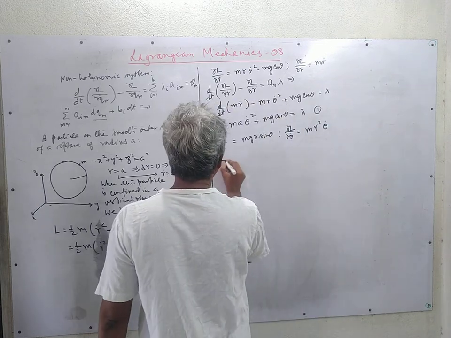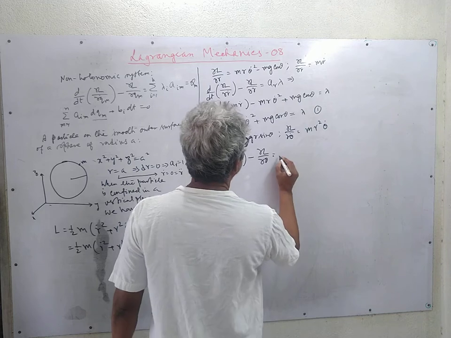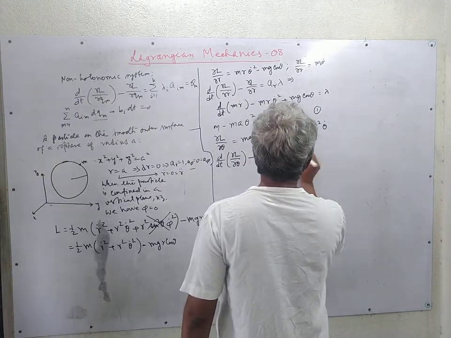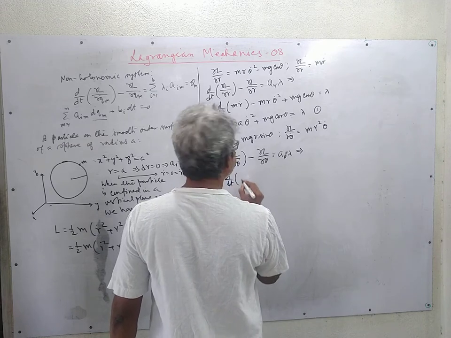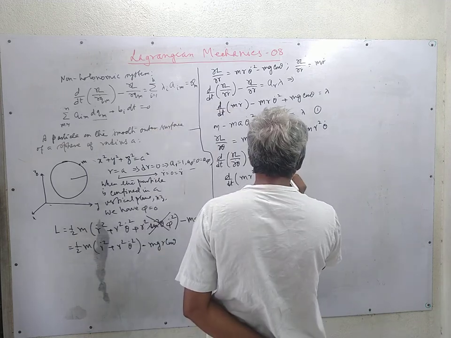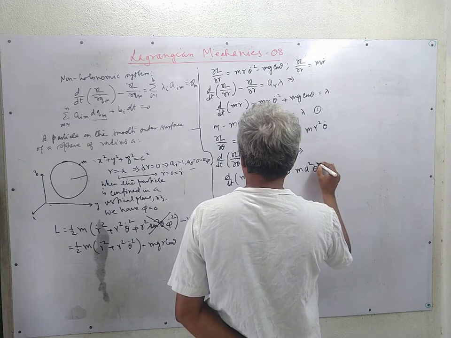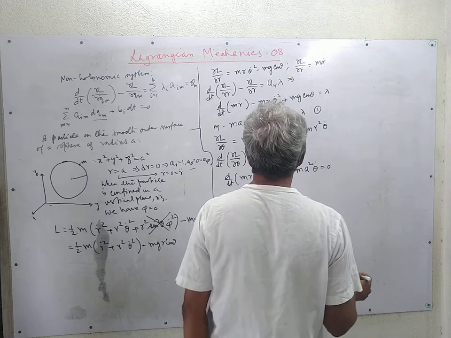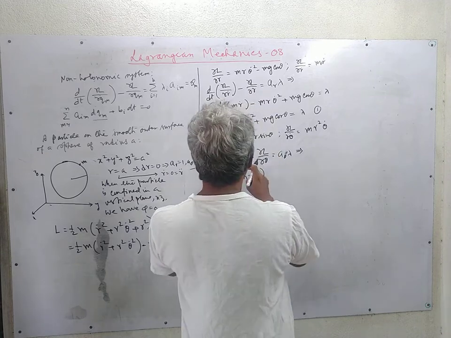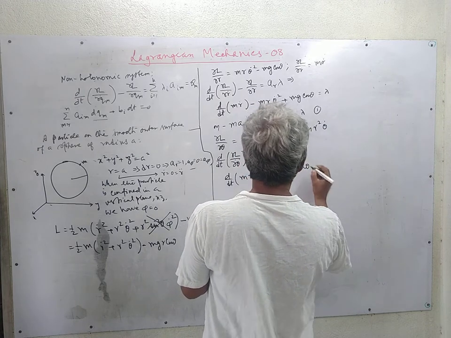The Euler-Lagrange equation for the theta degree of freedom is d/dt of del L del theta dot minus del L del theta equal to a_theta lambda. Since a_theta is 0, we get d/dt of m r square theta dot minus mgr sine theta equal to 0.